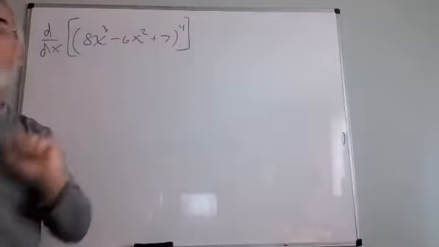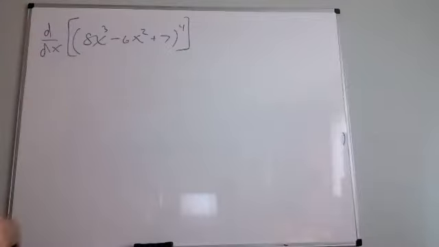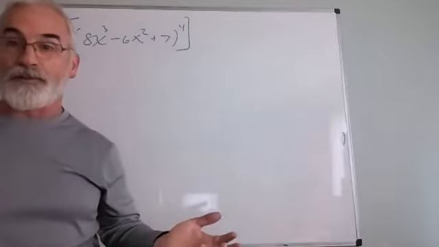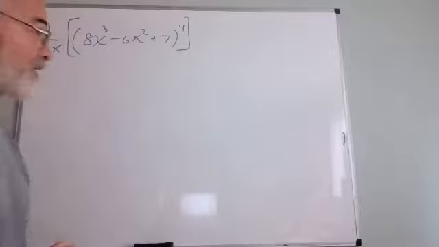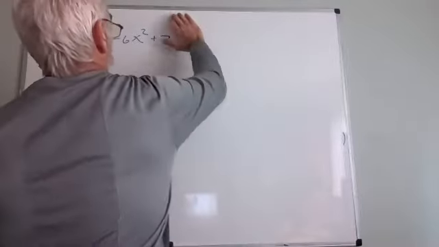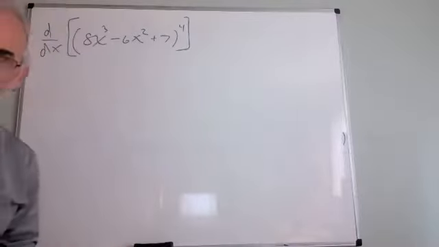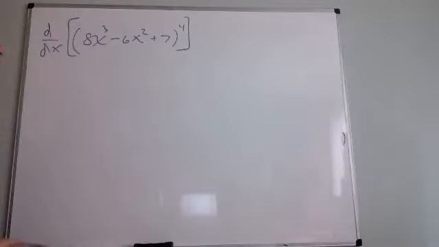Strangely enough, if I leave the outer parentheses out and I was using a graphing calculator or a computer technology, what it would do is differentiate the quantity and then raise the result to the 4th power. That's not what I want.